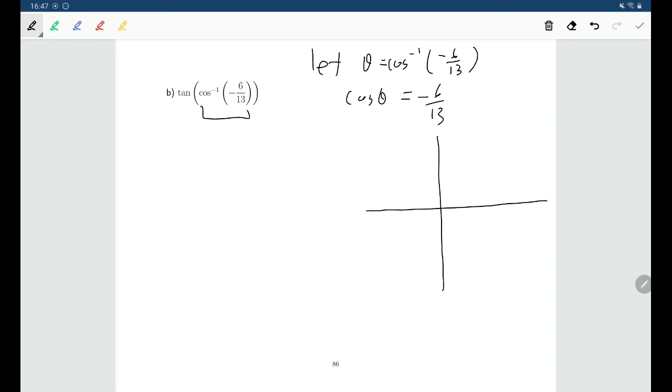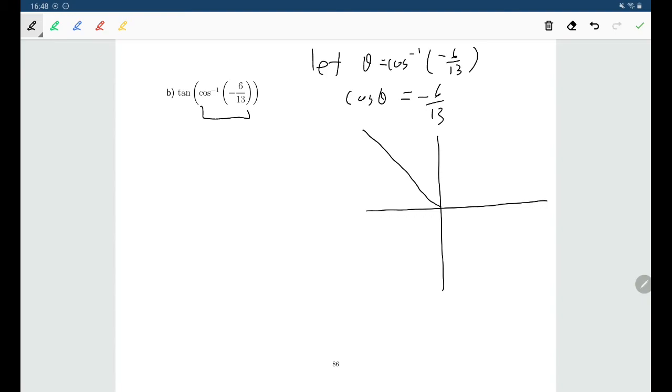Again, we're thinking about cosine inverse, and cosine inverse only gives us angles in quadrants 1 and 2. So whatever angle we're thinking about has to be in quadrant 1 or 2. For cosine to be negative, that would be quadrant 2. So this is where I'm going to draw my angle.